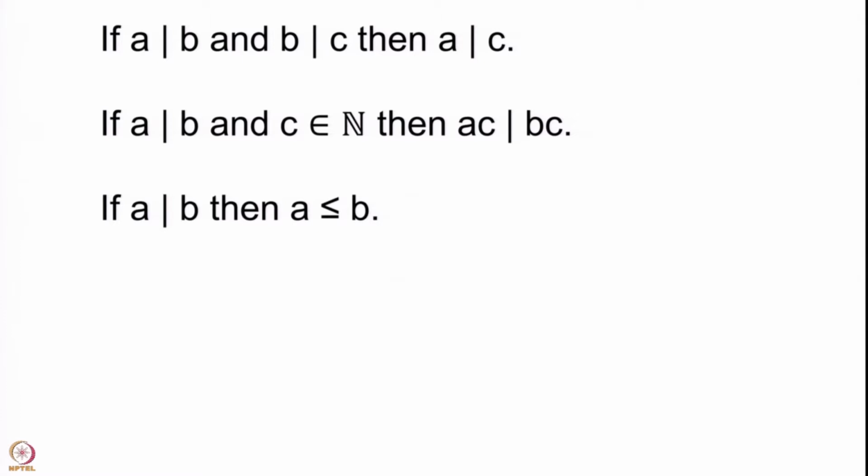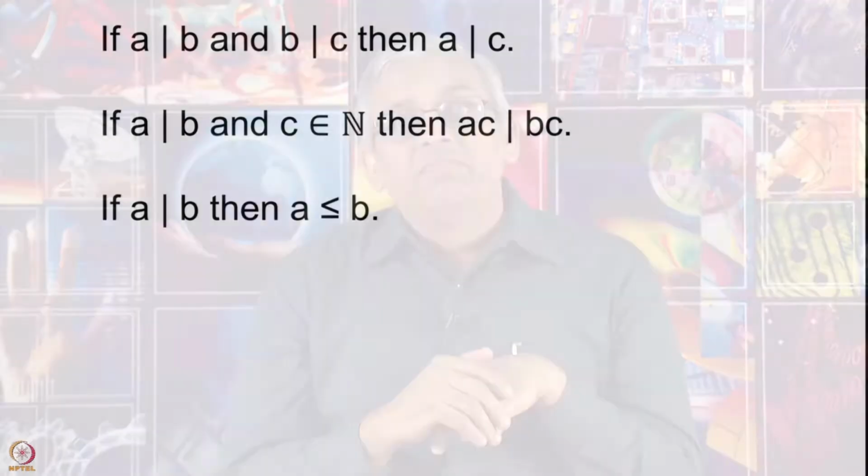What does the next property say? It says that if A divides B and I multiply both sides by a natural number C, then the division relation is preserved. The multiplication will preserve the division relation. You may ask, what will happen if I add a number? If A divides B and you add an integer, is it true that A plus C divides B plus C?